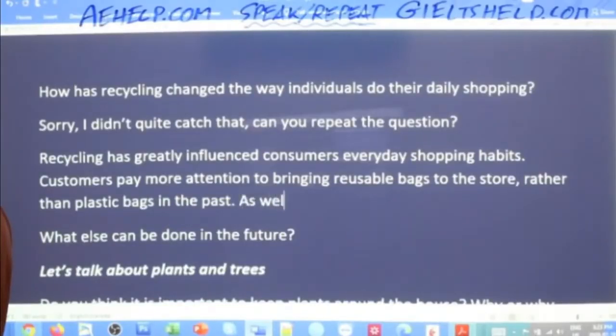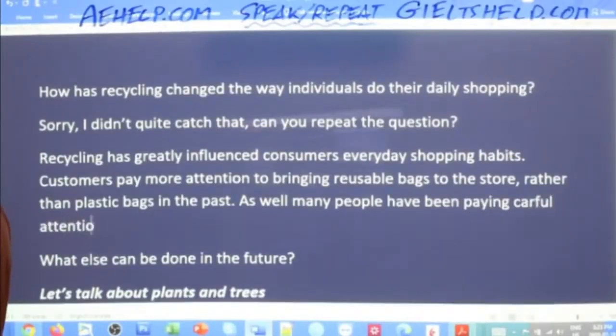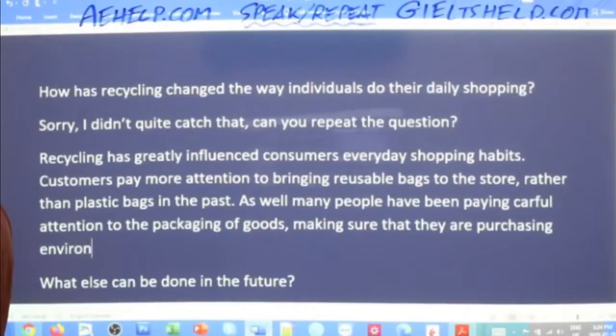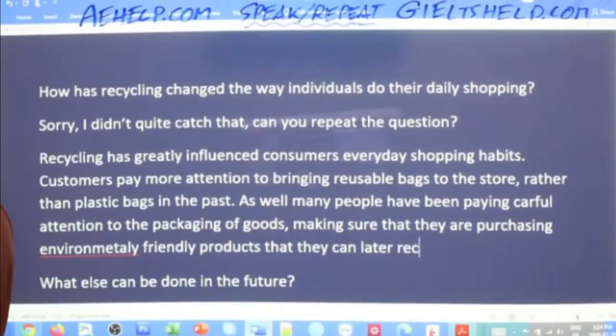As well, many people have been paying careful attention to the packaging of goods, making sure that they are purchasing environmentally friendly products that they can later recycle.